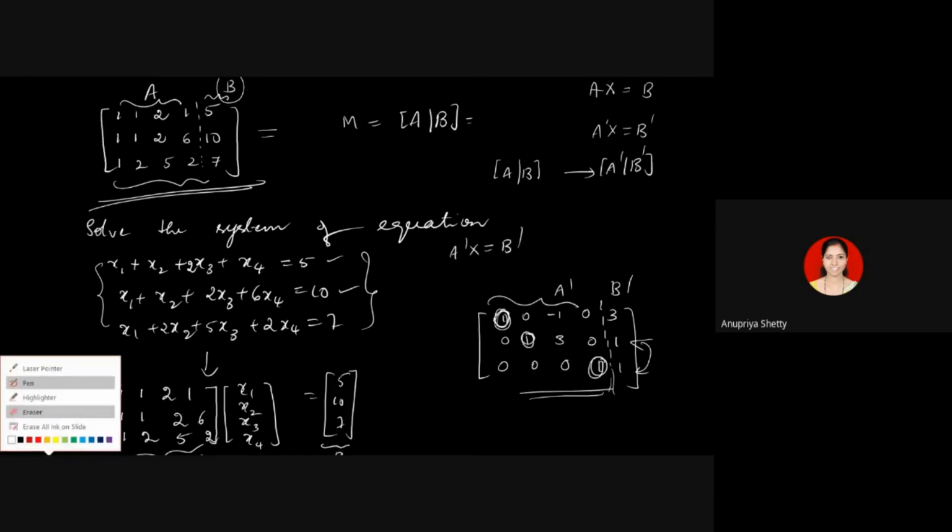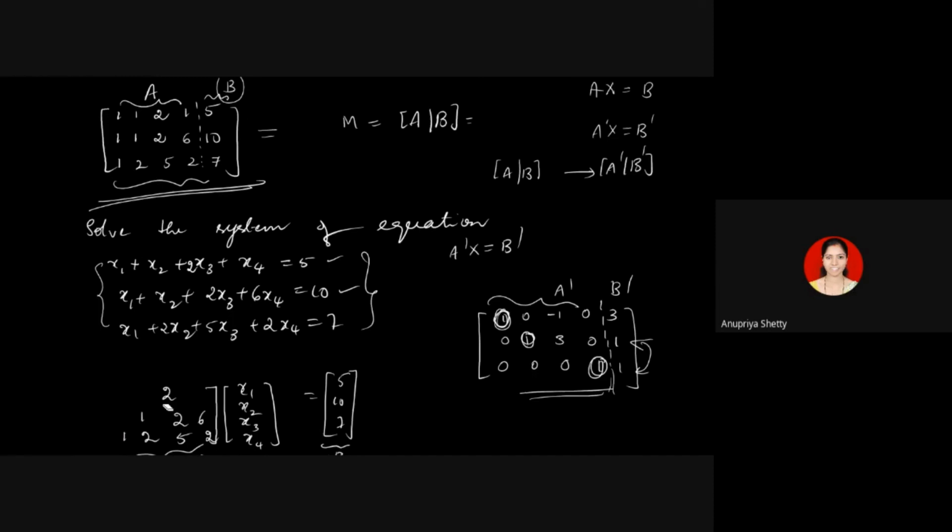What are the equations I get? The equations will be quite simpler because many entries are zeros. So what will be the first equation?